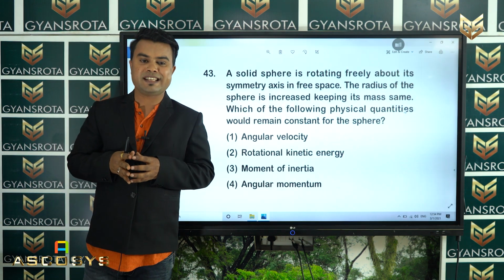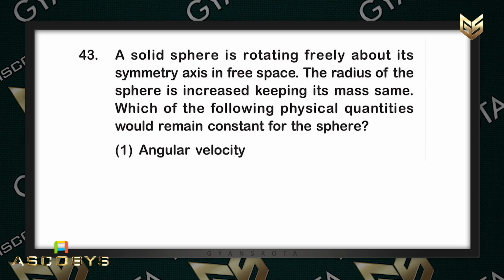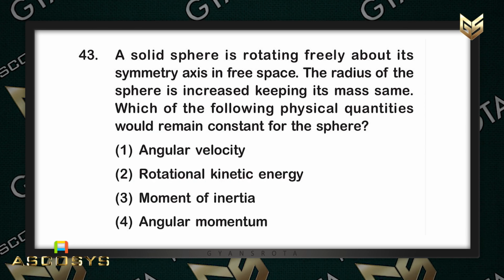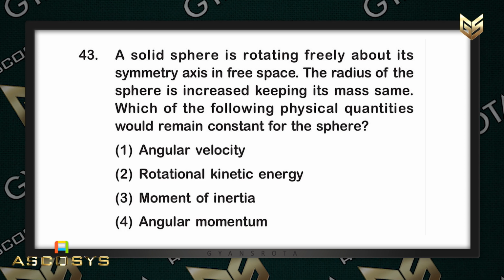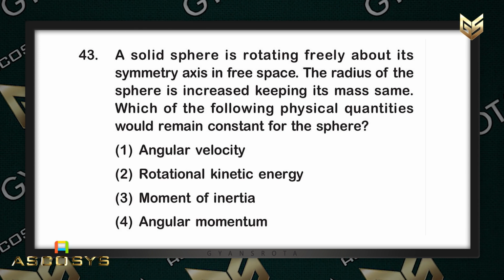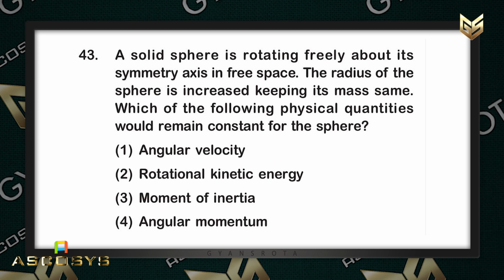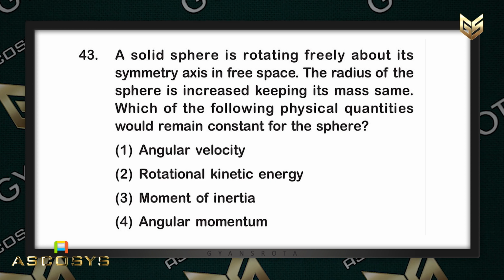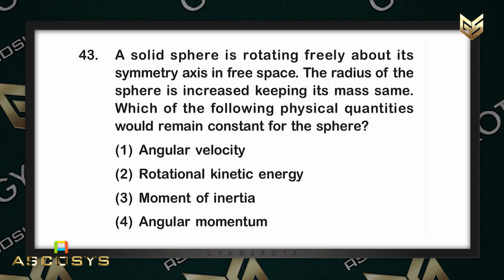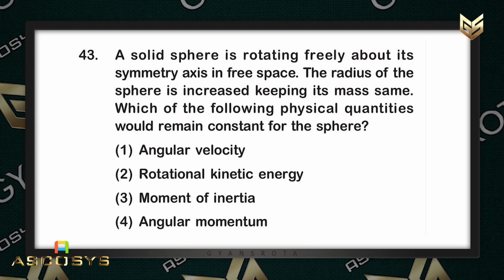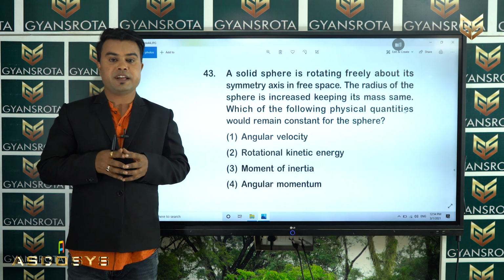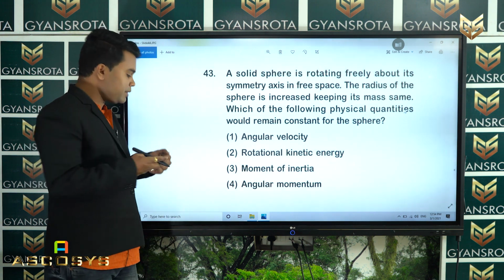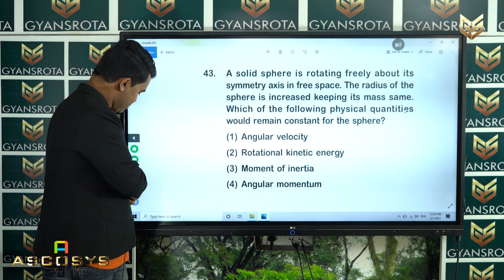Question number 43 says that a solid sphere is rotating freely about its symmetry axis in free space. The radius of the sphere is increasing, keeping its mass same. Which of the following physical quantities will remain constant for the sphere? Now what do you think, which one will be constant? If a body is rotating freely, that means its net torque would be how much?